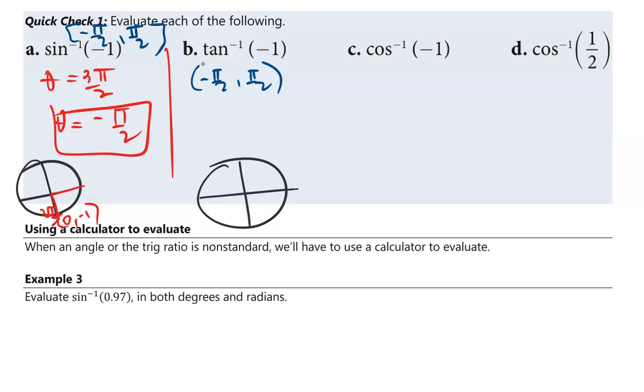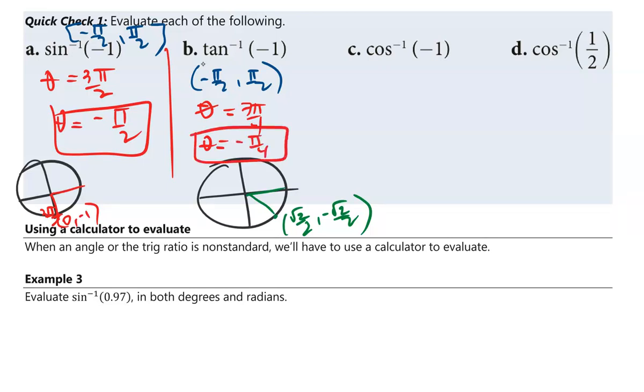So for us to have a negative, the coordinates here are square root of 2 over 2 and negative square root of 2 over 2, and if we divide it, it's going to be negative 1. And what is this angle? That is 7 pi over 4, but it's from negative pi over 2 to pi over 2. So we just have to get the coterminal of that, which is negative pi over 4.